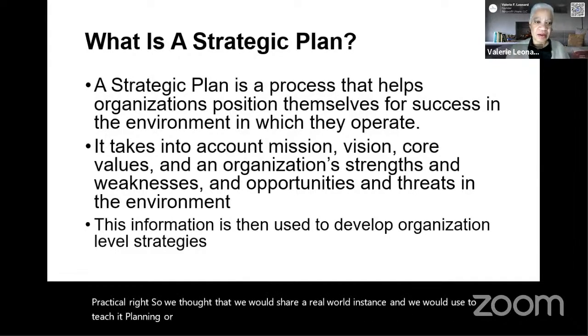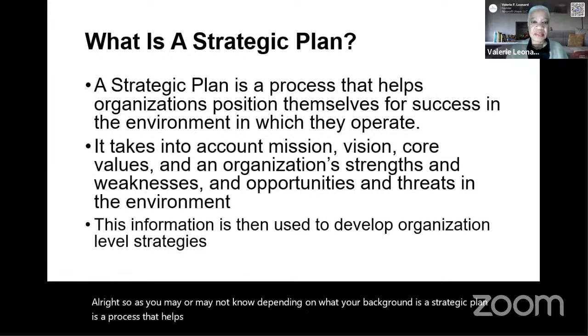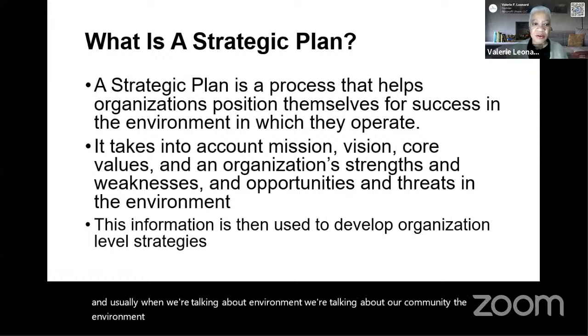As you may or may not know, depending on your background, a strategic plan is a process that helps organizations to position themselves for the changes in the environment. Usually when we're talking about environment, we're talking about our community. The environment could also be considered the lay of the land in terms of funding.